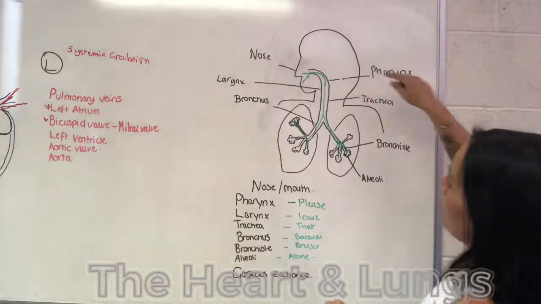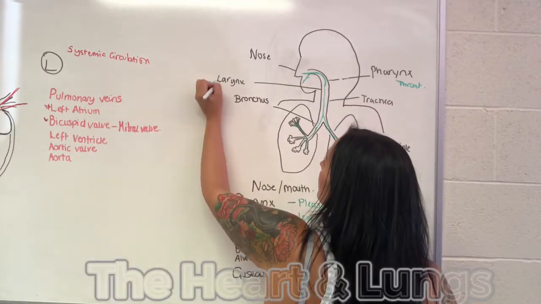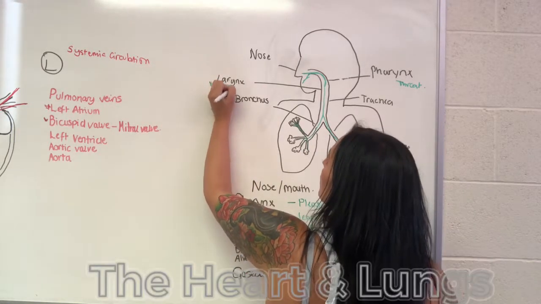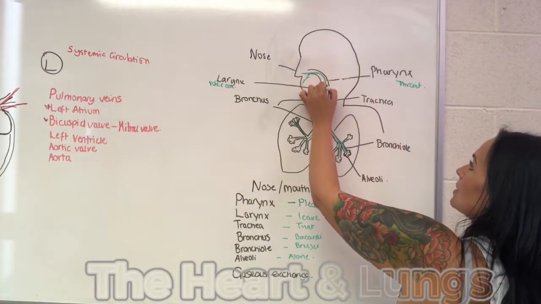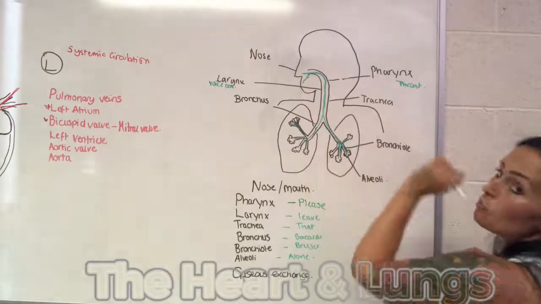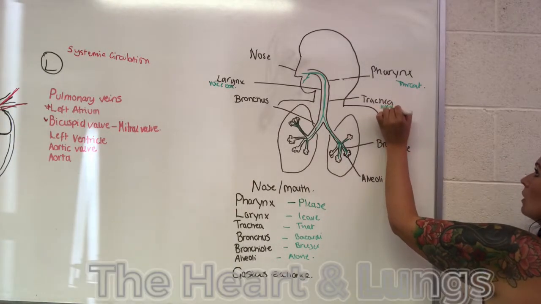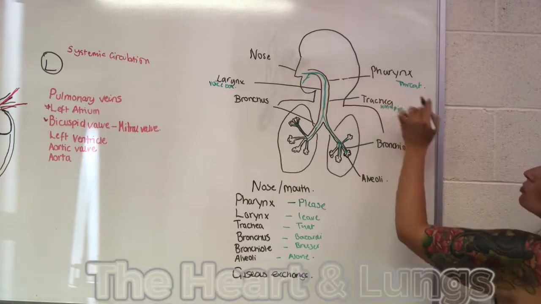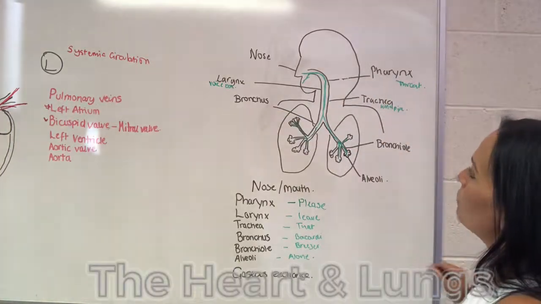Then it goes through the larynx, which is the voice box. It carries on and then enters into the trachea. This is your windpipe. So it's going down. These are all more common words that you'll be familiar with.